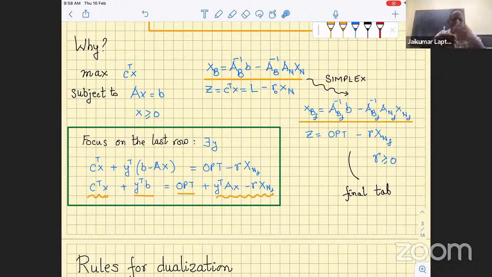At every step of the simplex, some variable or the other is being eliminated. But we know that when you want to eliminate some variable, it is the same thing as multiplying some row, some equation by some scalar and adding it so as to cancel out that variable. Some other variable will come in because of that. So what we did was we started with the original C transpose X, and then we took our equations, and this equation I'm writing as b minus Ax equals 0.